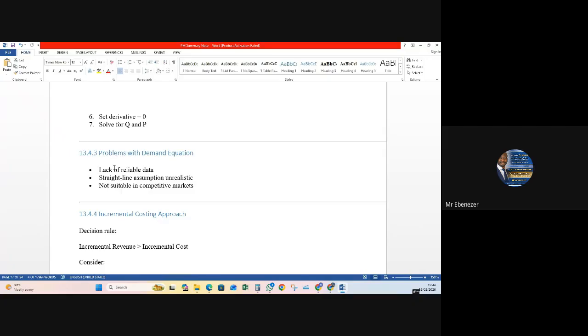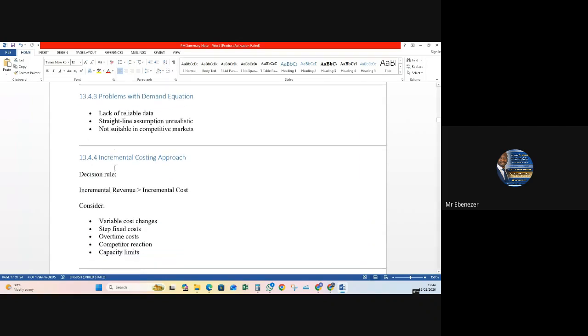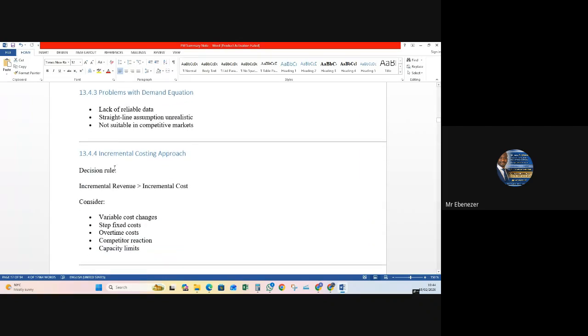Now, the incremental cost approach, if you are not using the straight line method, if you are using an incremental cost approach, your incremental revenue must be greater than your incremental cost. That is, additional revenue earned must be greater than the additional cost incurred. So in your incremental cost approach, you consider your variable cost changes.